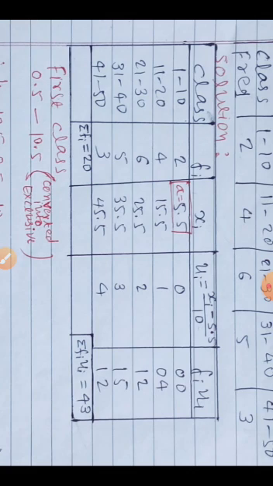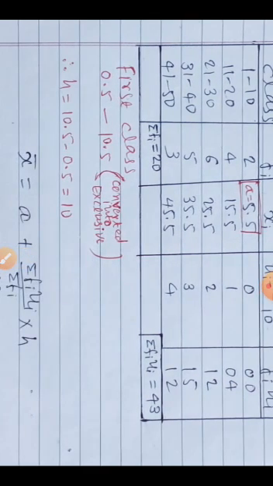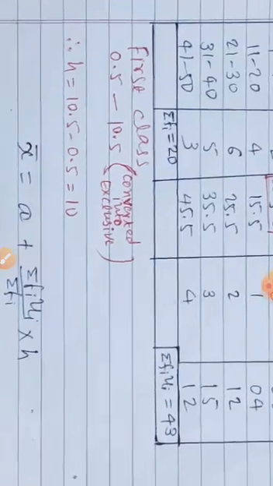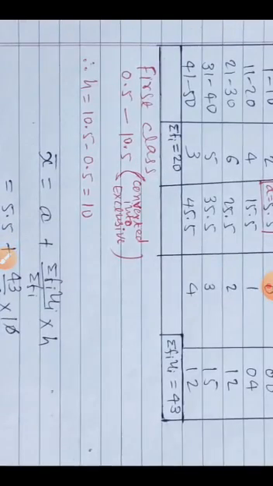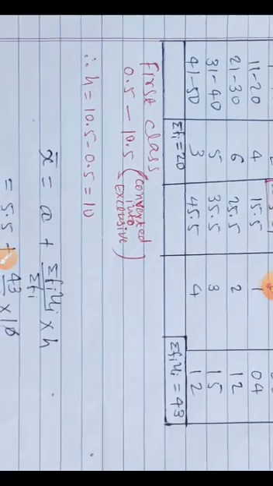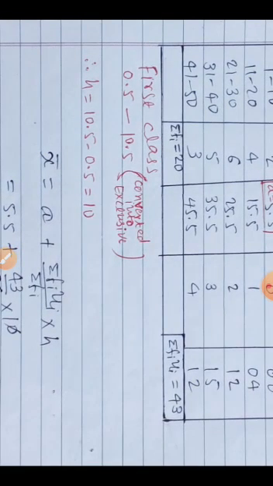Even then, if you want to find it by formula, then I have written it below the table in red letters. In this type of case, you first have to convert the given classes into exclusive classes. Given is an inclusive class, so we converted it into an exclusive class. How?